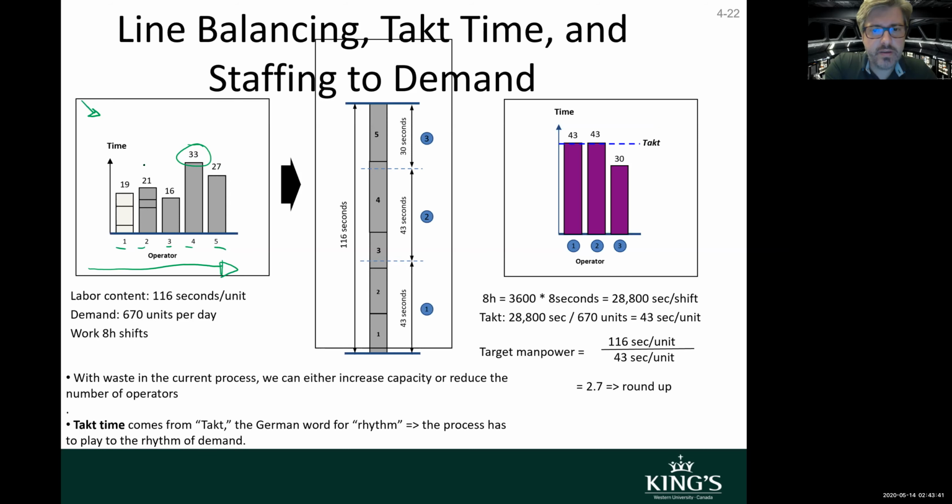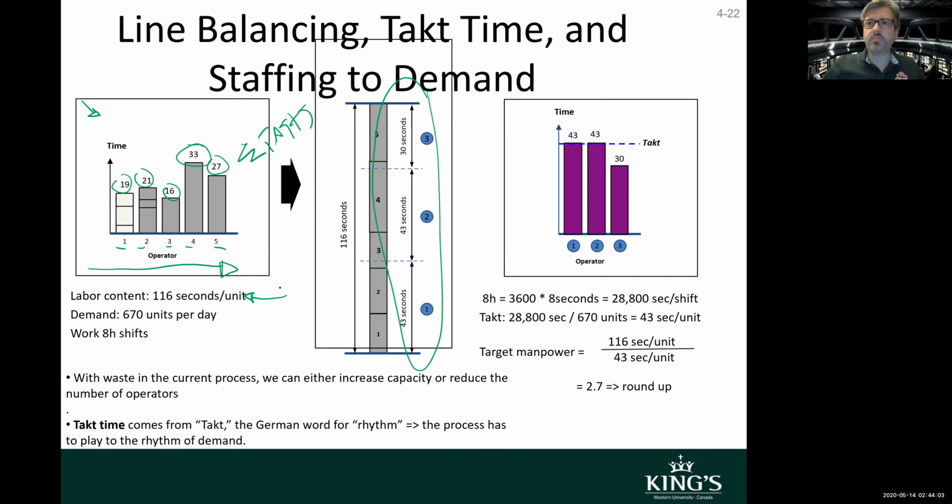Let's sum up 19 with 21, with 16, with 33, with 27, and we're going to find that the sum of all of these tasks over here, right? So we're summing all these up. This is equivalent to 116 seconds per unit.